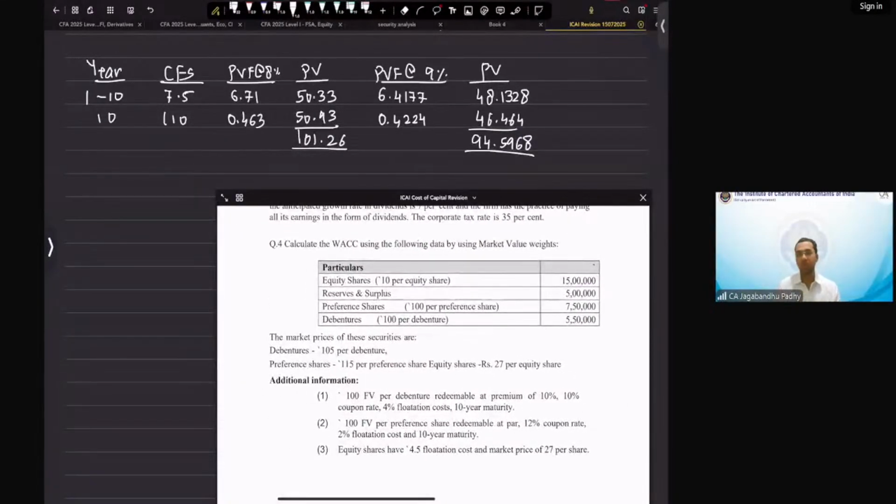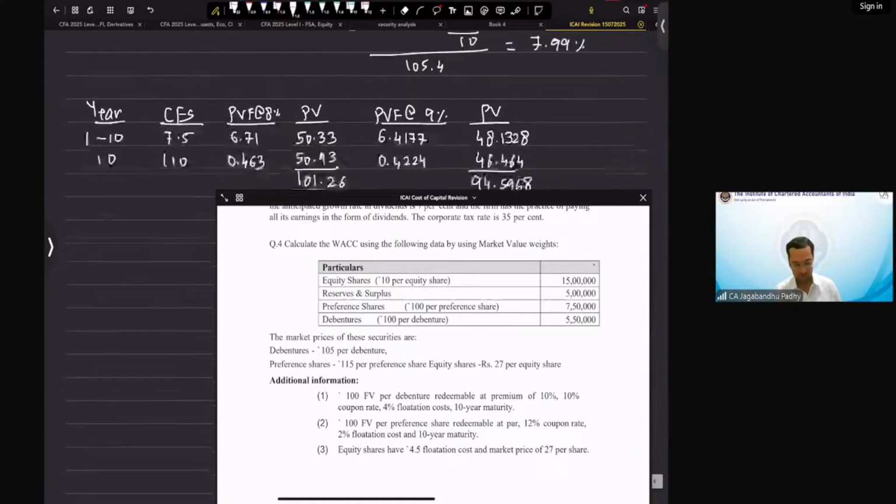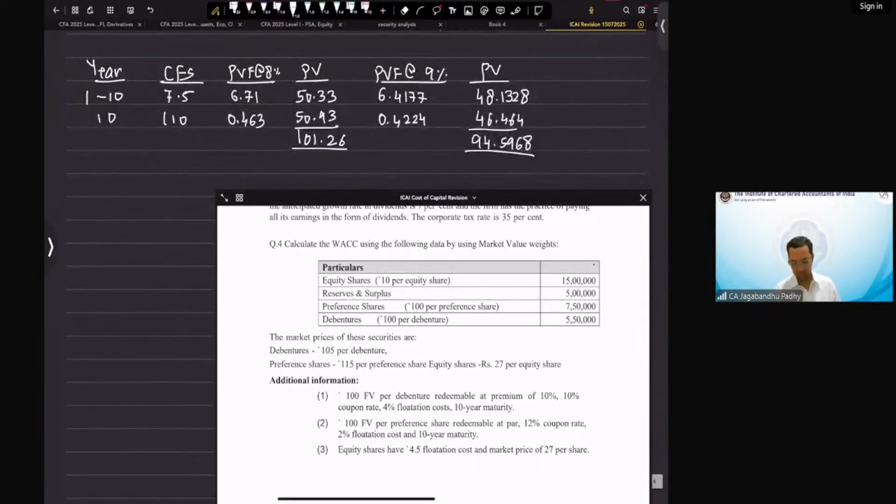Yeah. You just give me the YTM for the debentures, guys, because I have stated all the numbers for debentures. Try to calculate the YTM for debentures. Give me the YTM by doing the same, and that process is what we call interpolation.